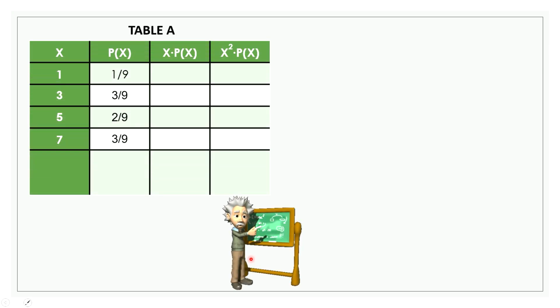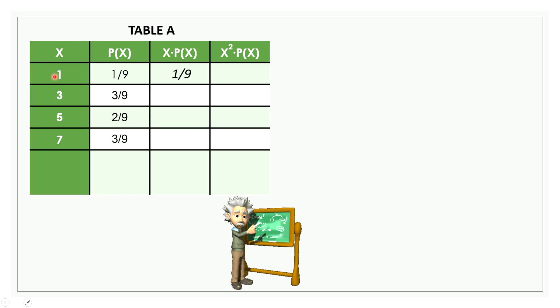So, table A. So, ito na yung ating mga value ng ating x: 1, 3, 5, and 7, and then yung value ng ating p of x is 1 over 9, 3 over 9, 2 over 9, 3 over 9. So para makuha natin yung ating missing value dito sa column na to, we simply use this formula.